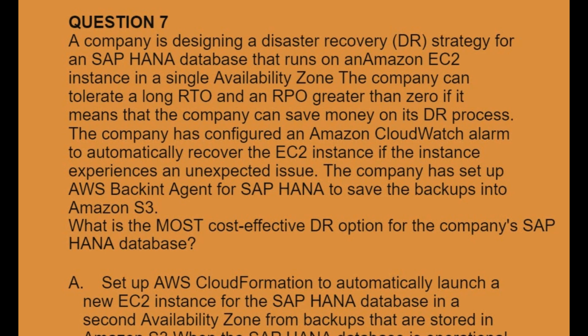The company has configured an Amazon CloudWatch alarm to automatically recover the EC2 instance if the instance experiences an unexpected issue. The company has set up AWS Backint agent for SAP HANA to save the backups into Amazon S3. What is the most cost-effective DR option for the company's SAP HANA database?